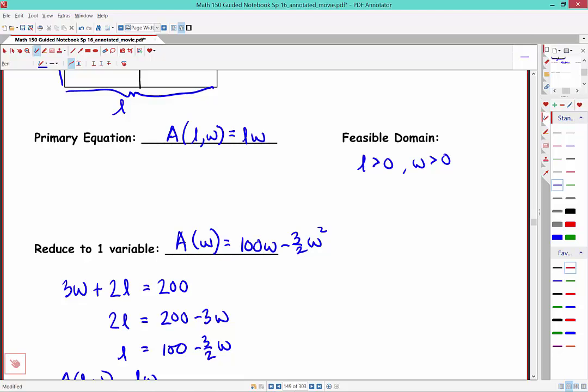Utilizing the fact that L has to be greater than 0, actually, let's get this in terms of W. So 100 minus 3 halves W has to be greater than 0 because that's our expression for L. So 100 has to be greater than 3 halves times W. So 200 thirds has to be greater than W. So putting that together with W having to be greater than 0, but less than 200 thirds, we have our feasible domain.